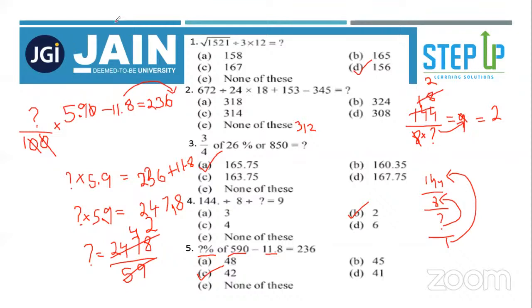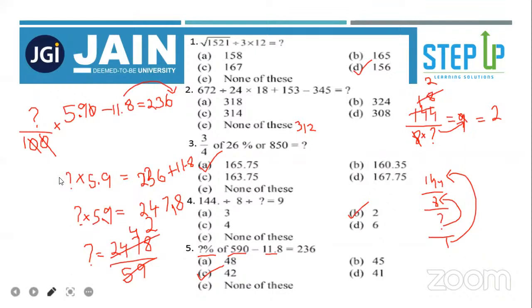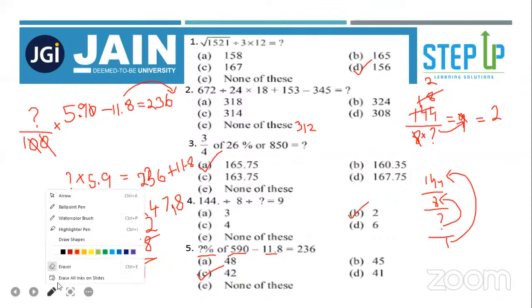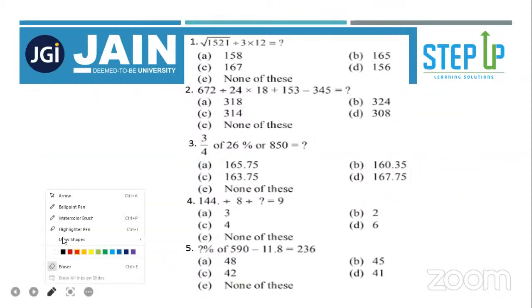You can unmute yourself, Axmit. Yes, what's your doubt in the third question? Okay. What was your doubt in the third question? So how is 165 come? How does it come?